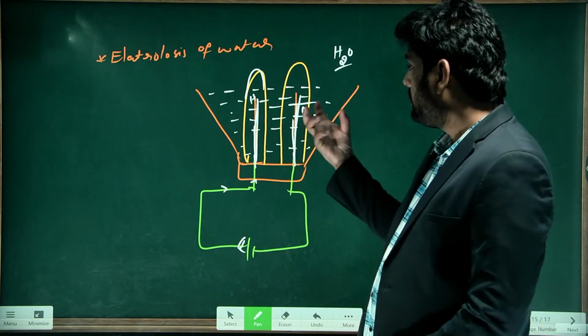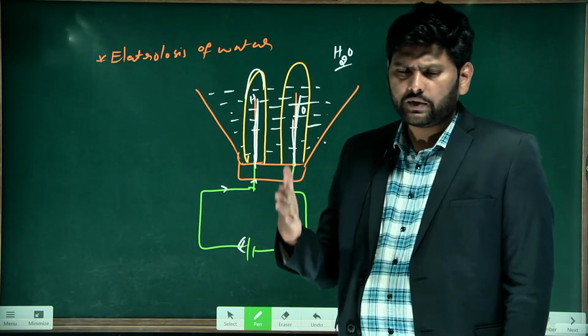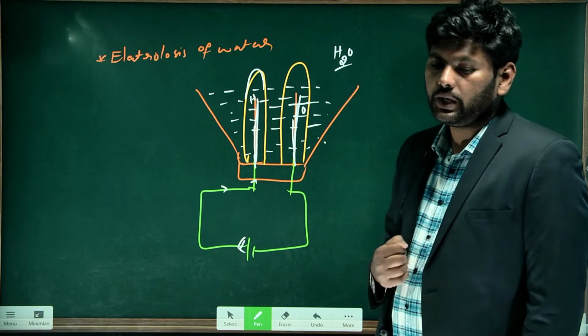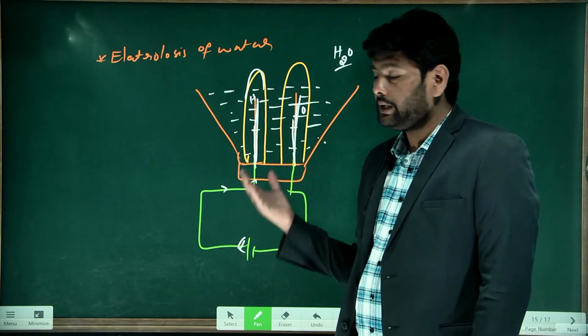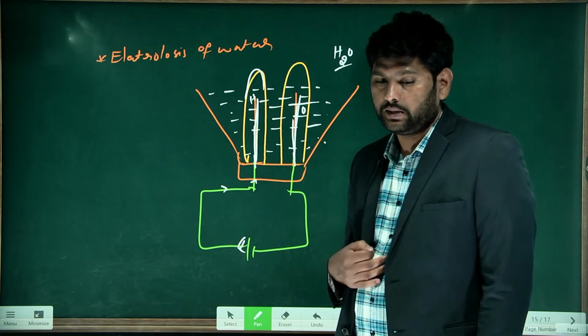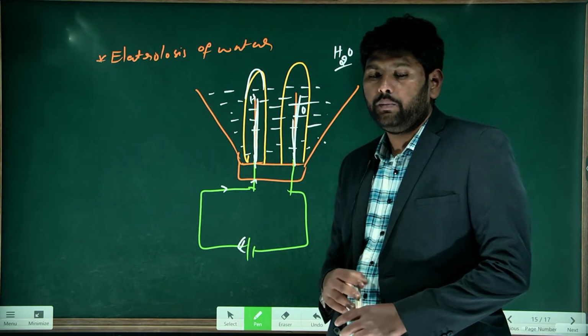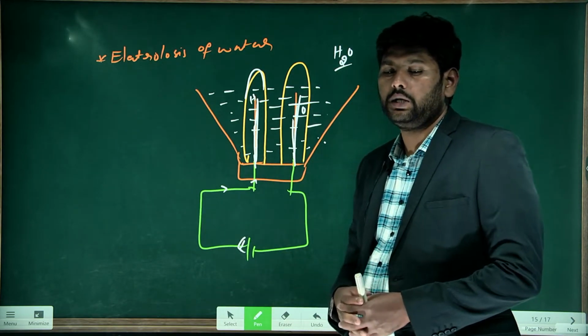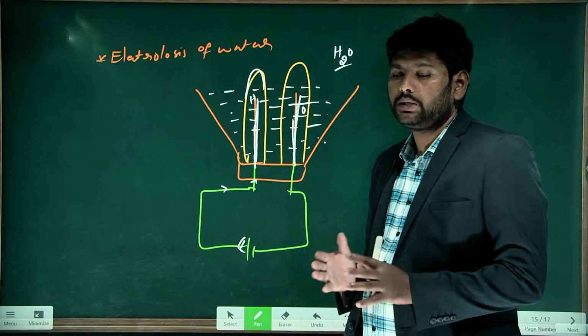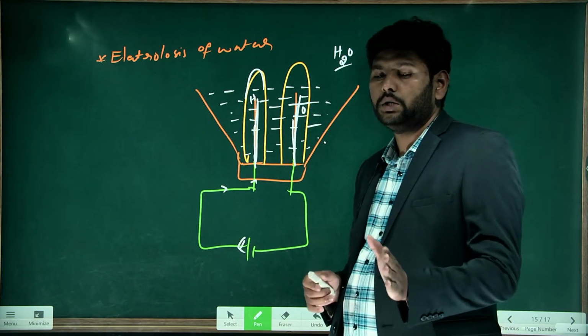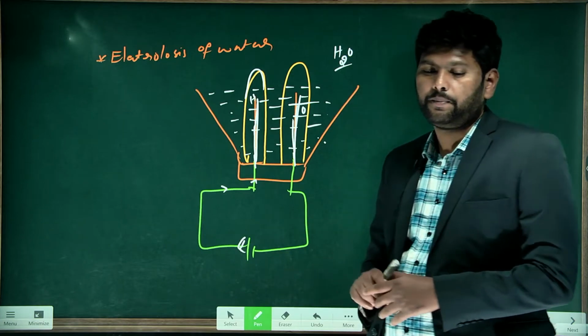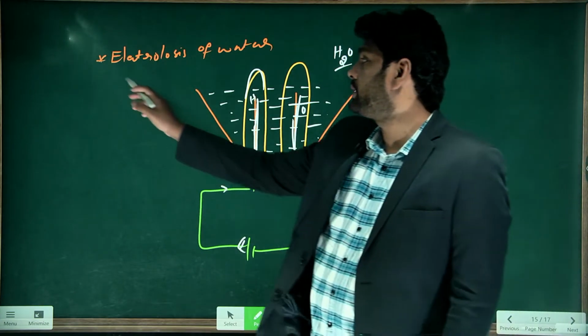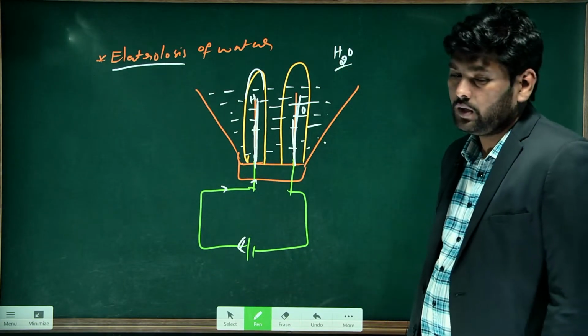So across one terminal you will observe hydrogen gas, and across the other oxygen gas. This process is known as electrolysis of water.